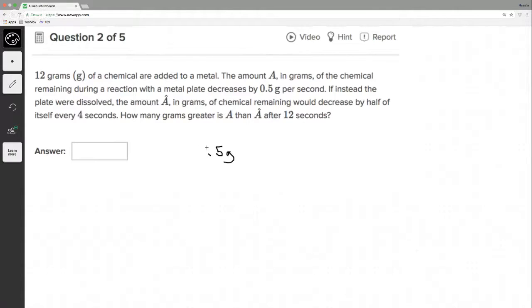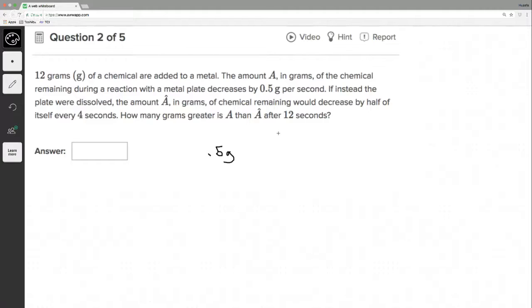Interesting. Okay, so it's saying it's added to a metal, then the amount of chemical remaining during the reaction decreased by 0.5. Instead, if the plate were dissolved, the amount A in grams of the chemical remaining decreased by half every 4 seconds. Okay, so let's do a little chart. So we want 12 seconds.